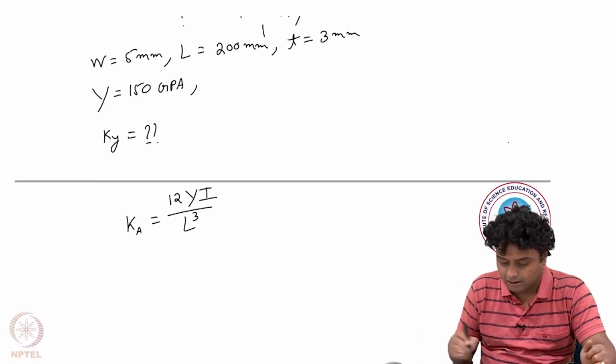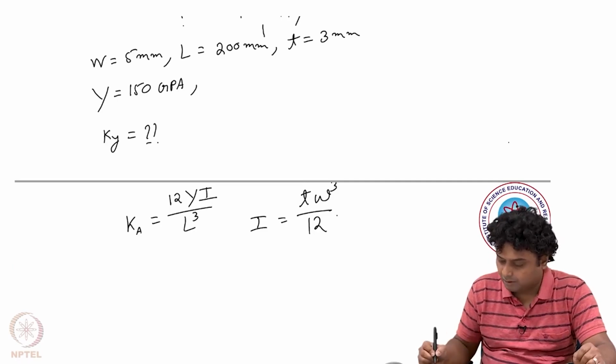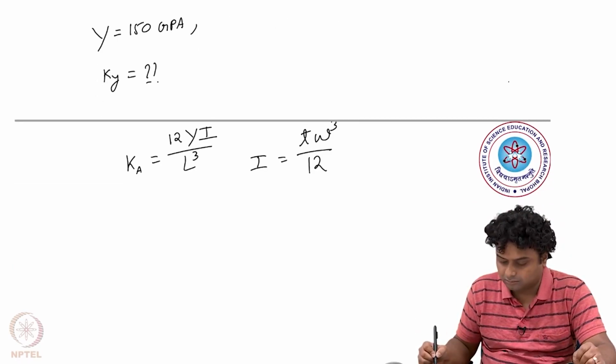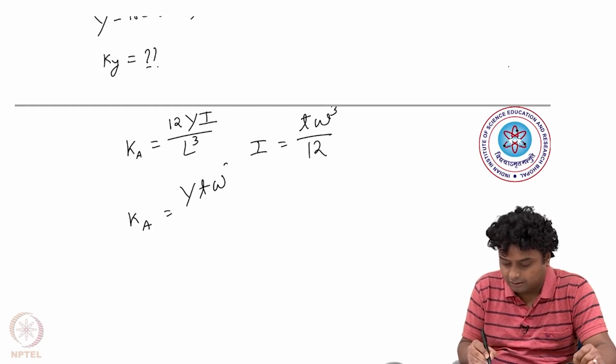So here I equals T W cube by 12, and accordingly we get that Ka equals Y T W cube divided by L cube.